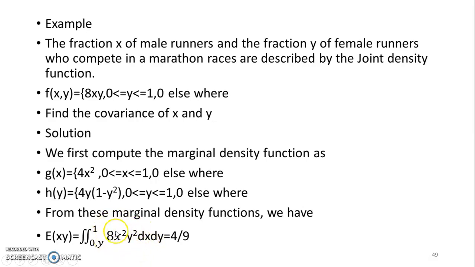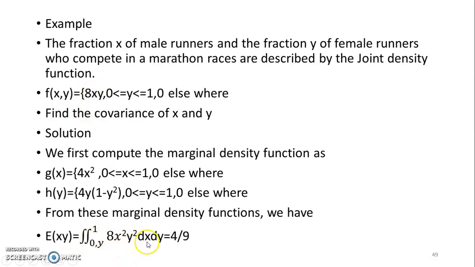Remember, this 8x squared y squared is obtained by multiplying xy to the joint distribution function.